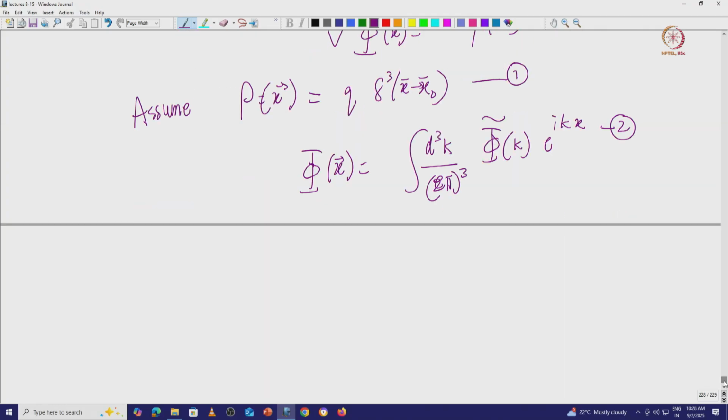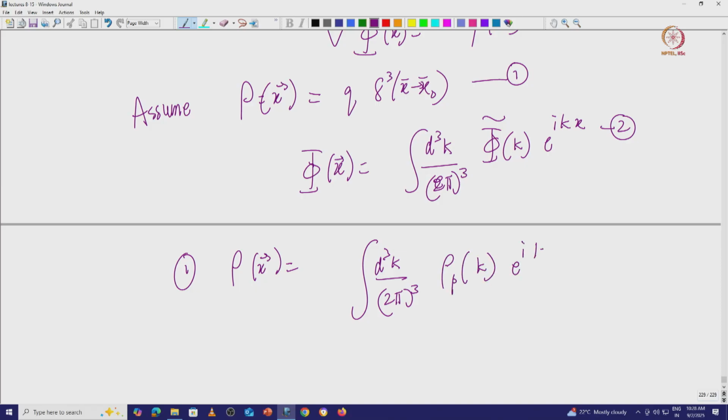So 1 implies rho of x is the integral d cube k by 2 pi whole cube, rho tilde of k, e power i k (x minus x0), where rho tilde of k is nothing but some charge. So I expressed the delta function also in this integral form, localized at some point essentially.